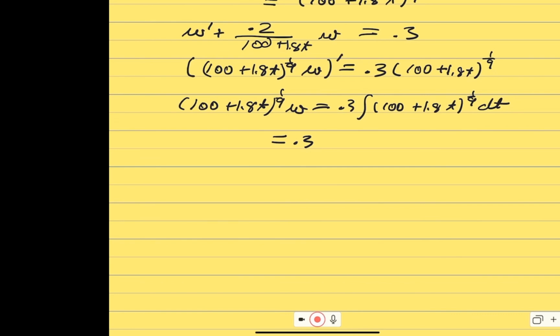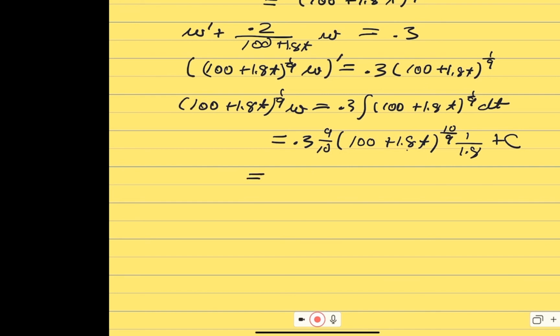When I integrate this, I'm going to have 100 plus 1.8 t, and the exponent is going to go up by 1, so 10 over 9. I'm going to take the derivative, so I need to cancel that out, so there's 9/10. And I also have a 1.8 here, that's going to cancel this out by the chain rule.